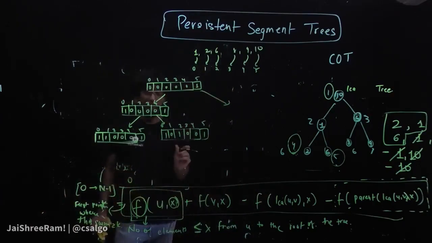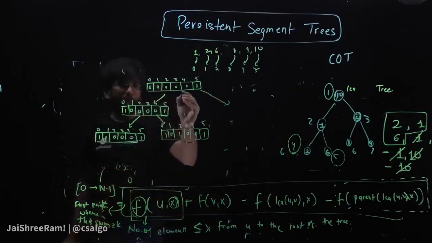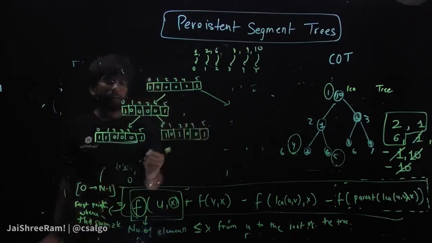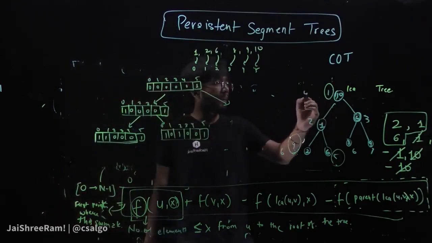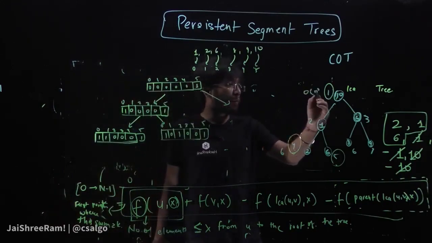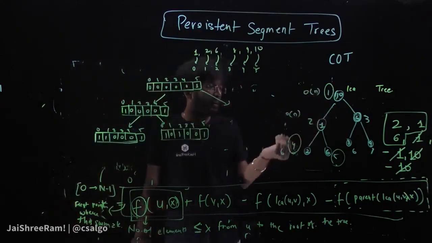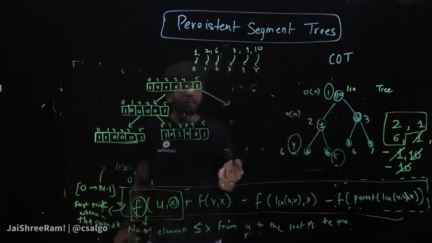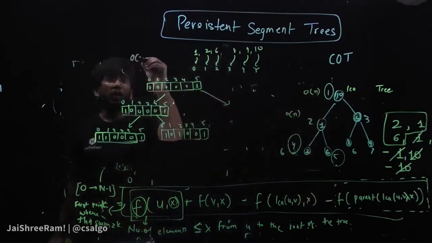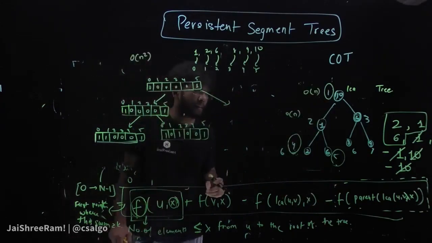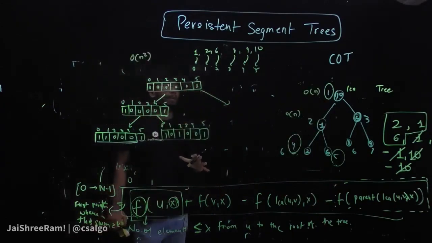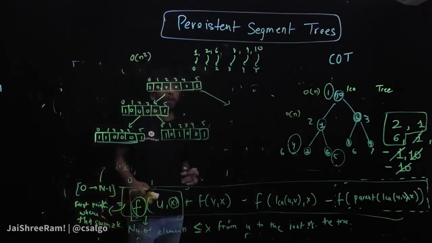But the catch here is that we are building a segment tree at each node. So eventually this will give us a segment tree of O(n) size at each node, and this will give us a space complexity of O(n^2).